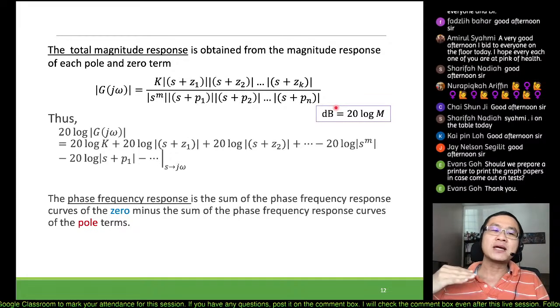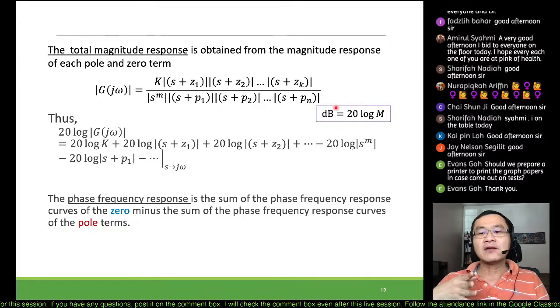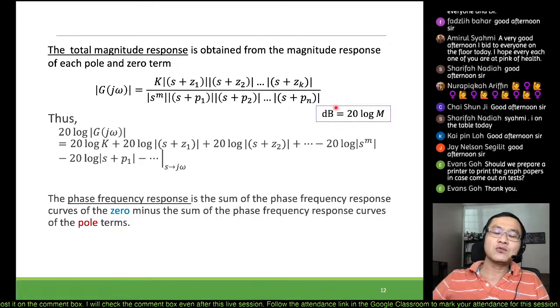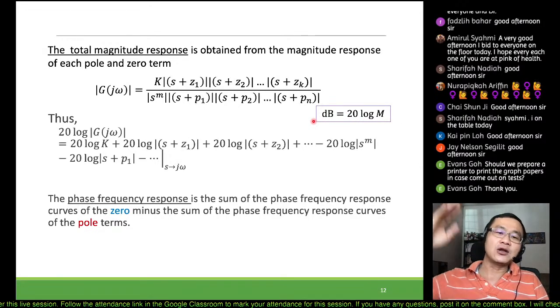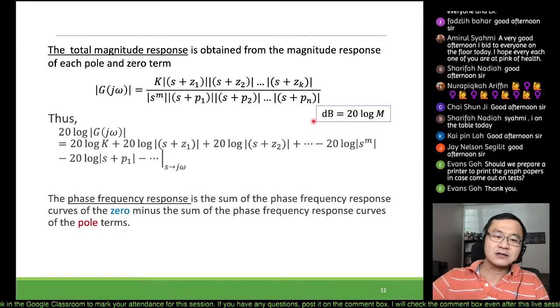Therefore that's why we are using a semi-log graph, such that in the y-axis we put the dB, which is just the value of 20 log M, instead of putting another log scale on that particular axis.